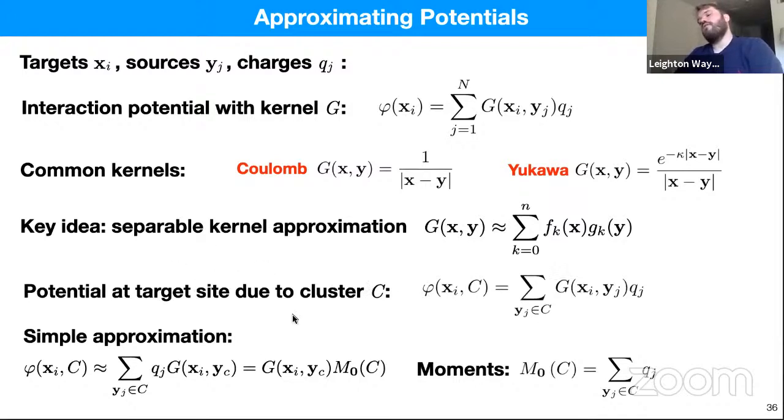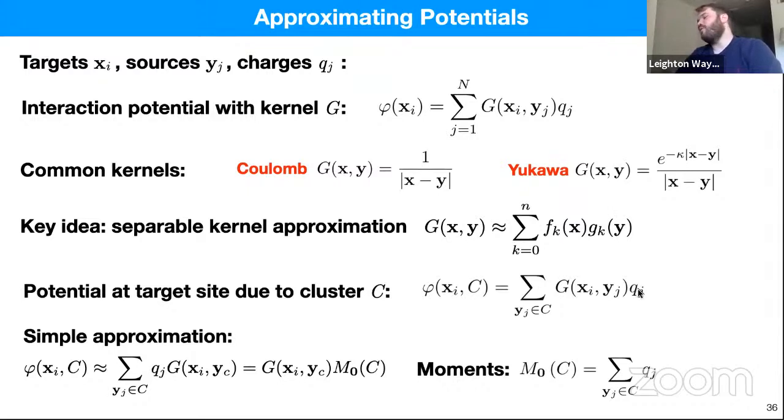So for a given cluster of source particles, we'll represent the potential at a target x due to that source cluster with this phi of xi comma c. And of course, this is just the sum over all the source particles in our cluster where we're evaluating this kernel interaction times those source charges.